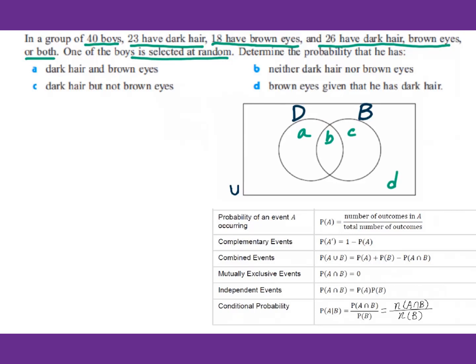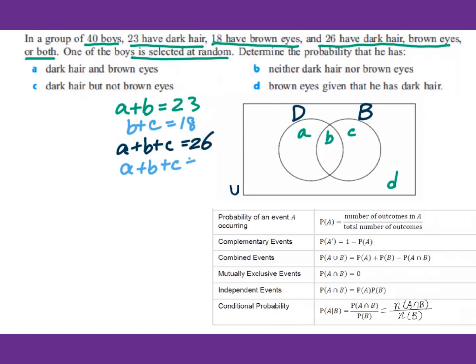According to the given information, 23 have dark hair, so A plus B equals 23. 18 have brown eyes, so B plus C equals 18. 26 have dark hair, brown eyes, or both, which means A plus B plus C equals 26. Altogether, A plus B plus C plus D equals 40.